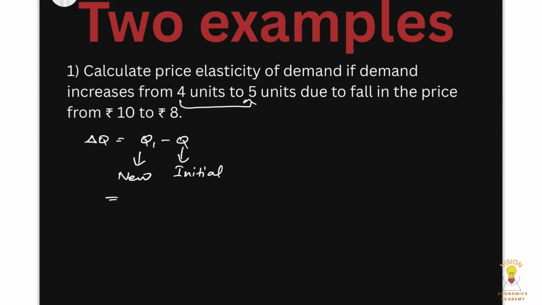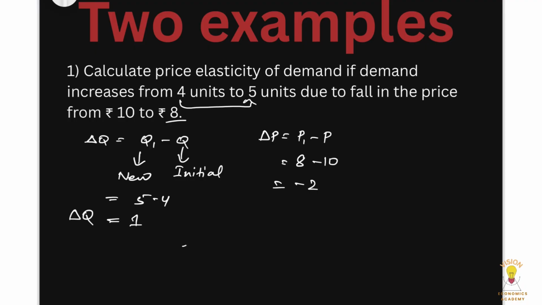The new is 5 minus 4, that is 1. The change in quantity is 1. The change in price is P1 minus P. The new price is 8 and the old price is 10, that is minus 2.